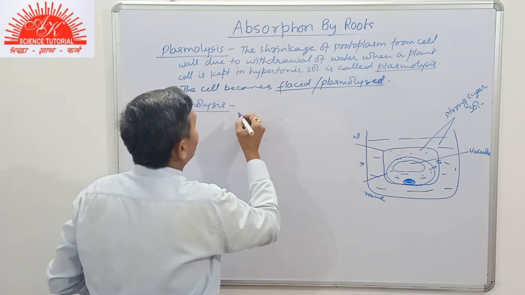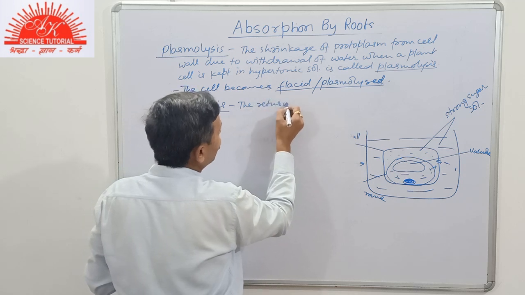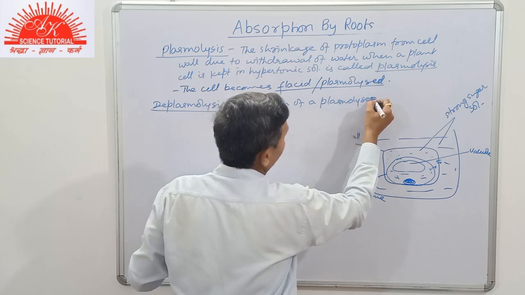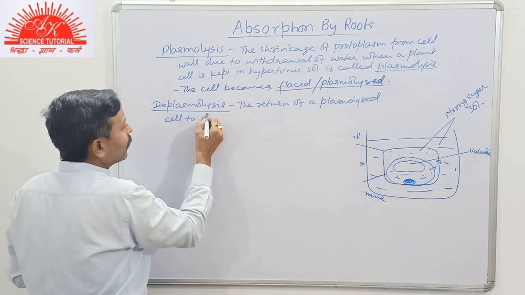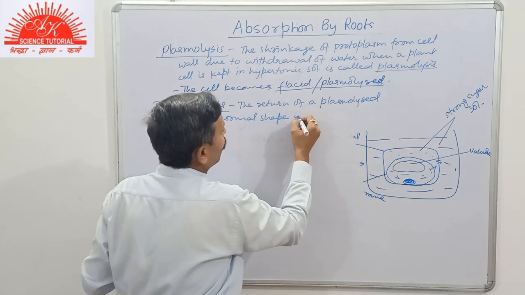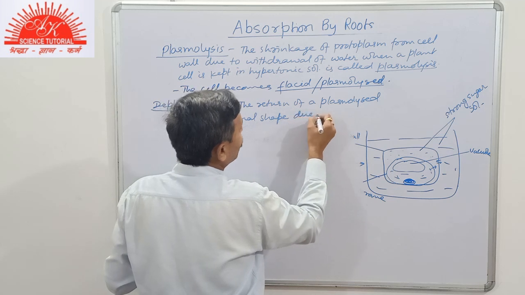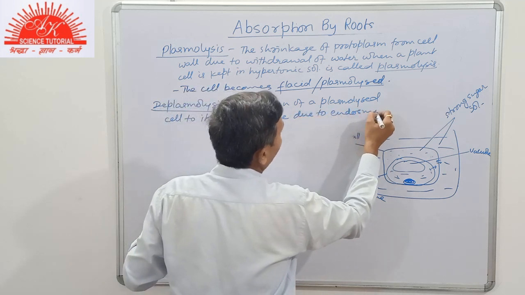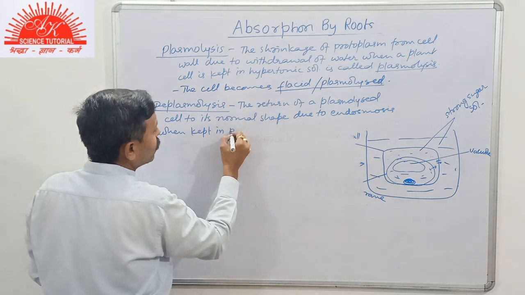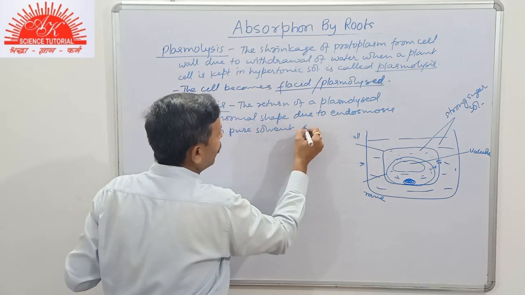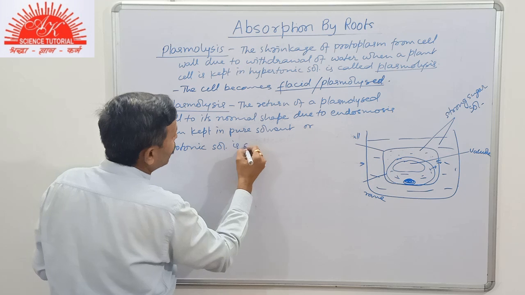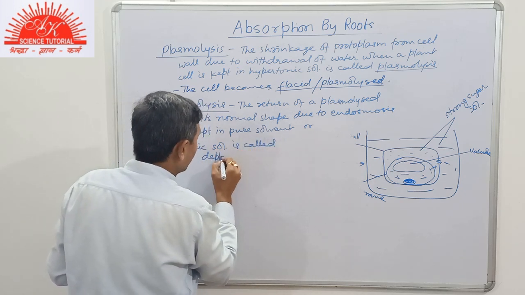Deplasmolysis is the return of a plasmolyzed cell, not the general cell, it must be plasmolyzed initially, to its normal shape due to endosmosis when kept in pure solvent or hypotonic solution, is called deplasmolysis.